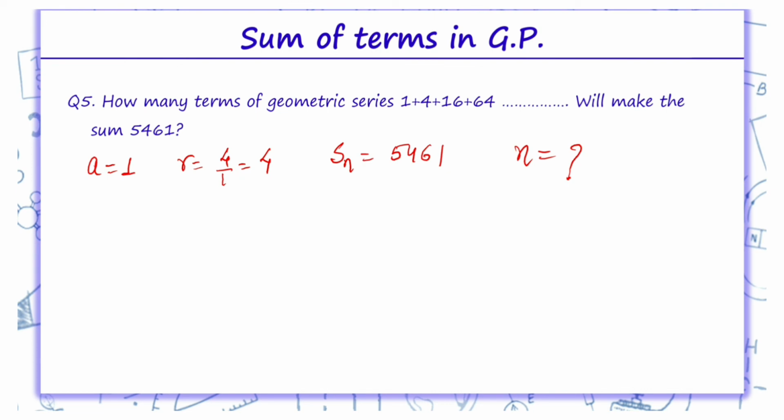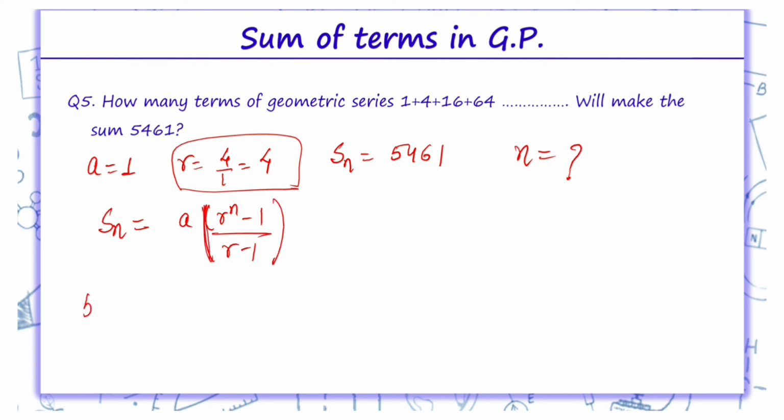So now putting the formula, we know Sn, since R is greater than 1, is A into R to the power n minus 1 upon R minus 1. So 5461 equals, A is 1 only, 4 to the power n minus 1 upon 4 minus 1, which is 3.